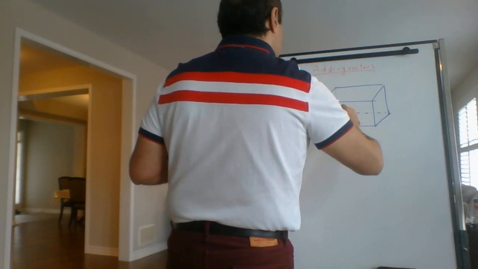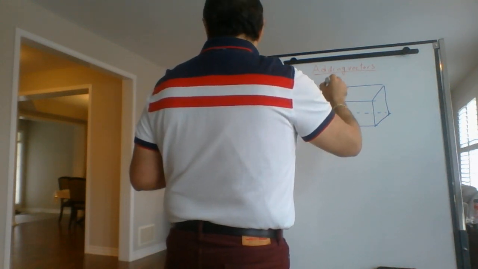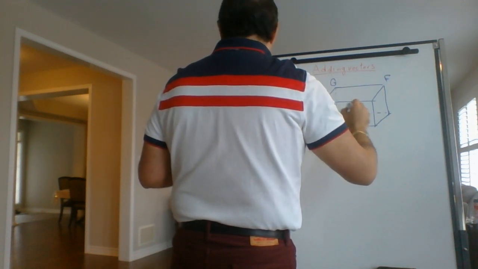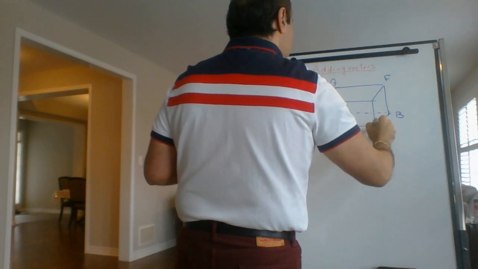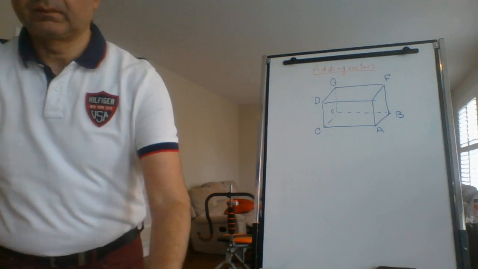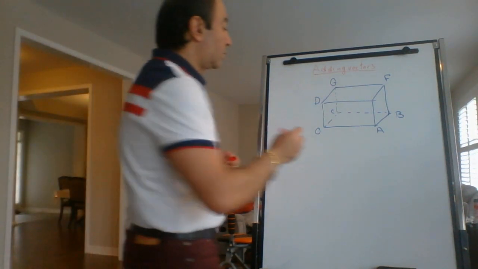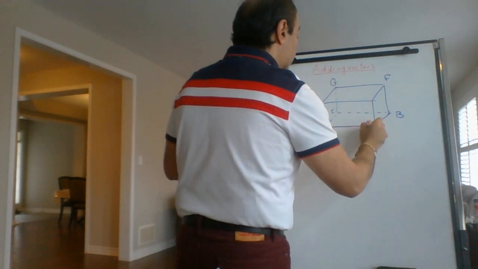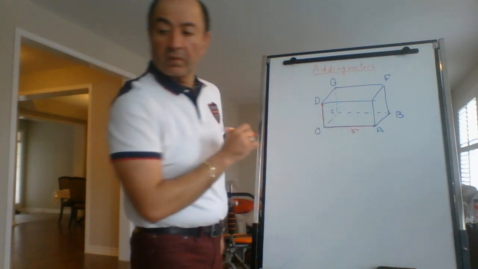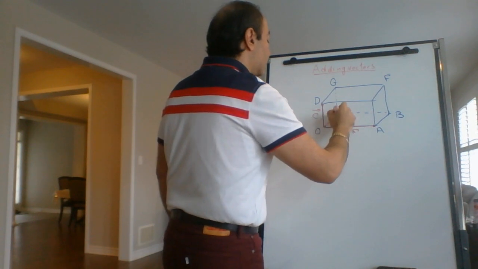This is a rectangular box O, D, and we call this vector A, and this vector C, and this is vector B.